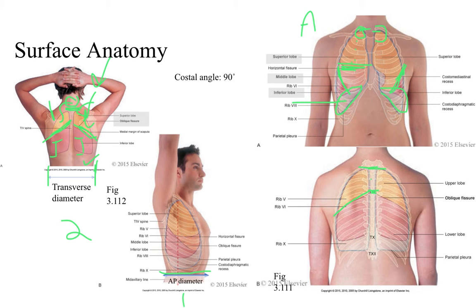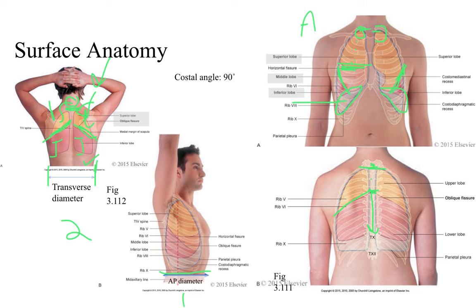So anything above that would be your superior lobes, and anything below that down to thoracic vertebra 10 would be your inferior lobes. So again, if you can, find that vertebra prominens C7 and go down 4 ribs, counting ribs on the backside of the person, you'll be able to find where that border between the superior and inferior lobes is located, and anything below that down to thoracic vertebra 10 would be your lower lobes or inferior lobes.